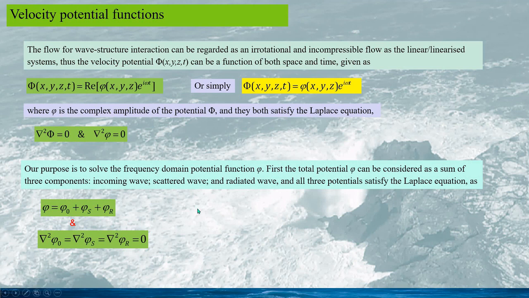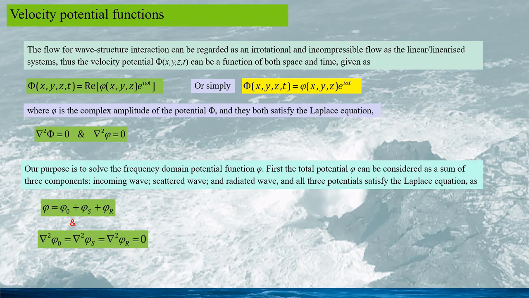The potential of the incoming flow, phi 0, and this potential function is known if the wave amplitude, frequency, and the water depth are given. The potential of the scattered wave, phi s, meaning that the incoming wave would be scattered due to the existence of the marine structure, and in this case, the structure is fixed.